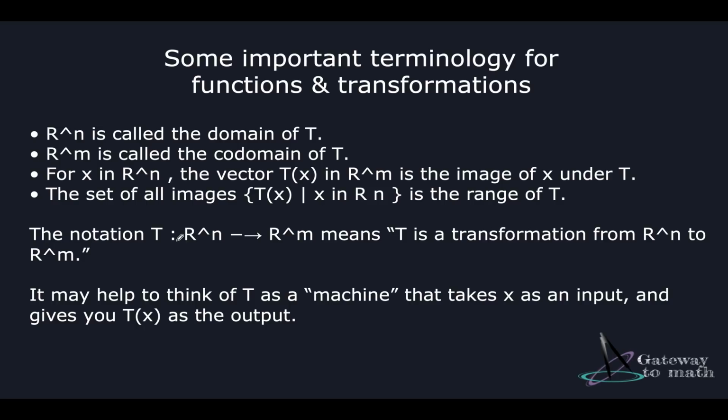The notation T from Rn to Rm means that T is a transformation from a space which has R raised to the power of n dimension to another space which has R raised to the power of m dimension. Let us think of it this way again: T is a machine that takes x as an input and gives you T of x as the output.